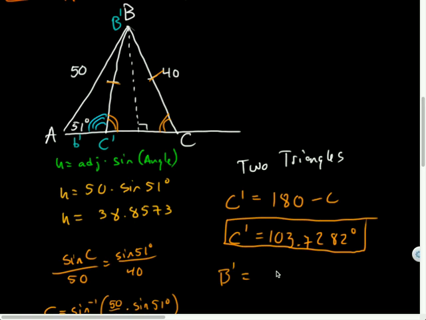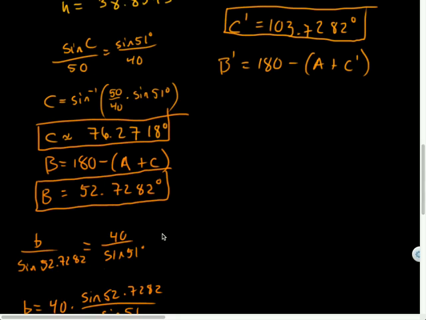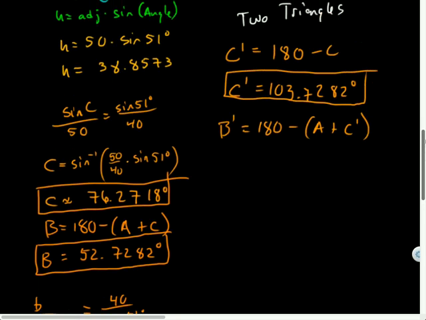How do I find B prime? 180 minus angle A and angle C prime should give me B prime, right? So A plus C prime. So it's kind of the same work as all of this. It's just symmetric to it, or it's a different universe where the triangle happened to be obtuse.